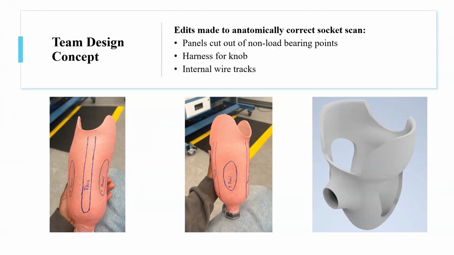Apart from that, our team design concept was to have a fully functioning adjustable socket. So this socket, which was designed in Inventor, emulates slightly the shape that is here.